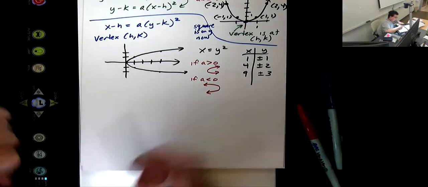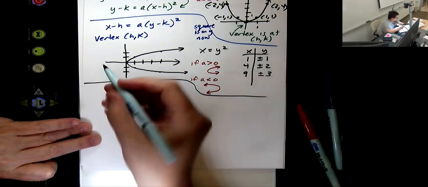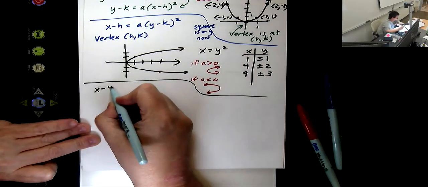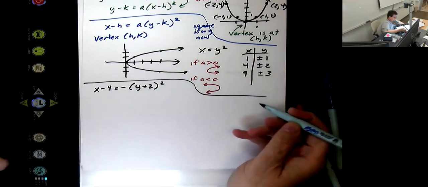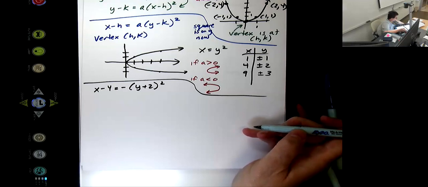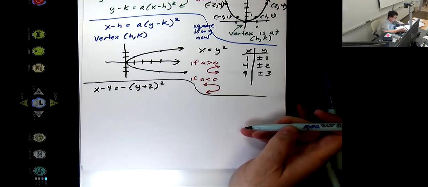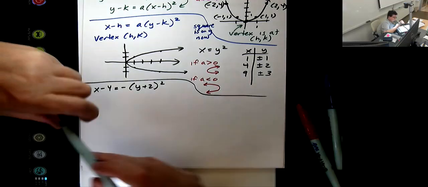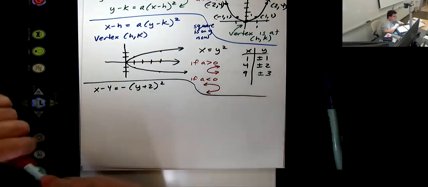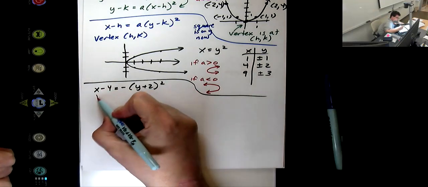So let's graph a couple. We're going to do x minus 4 equals negative (y plus 2) squared. So where is our vertex? (4, -2).